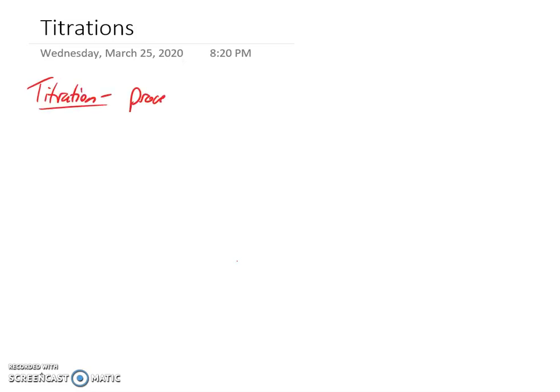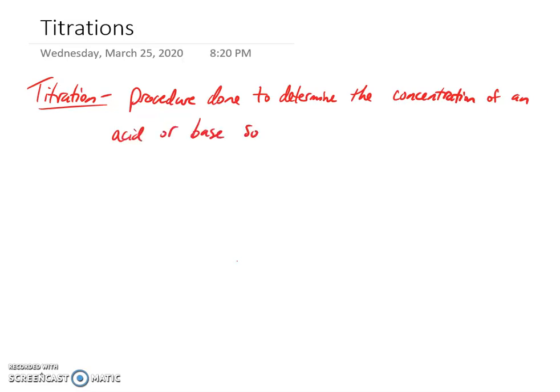Titration is a procedure done to determine the concentration of an acid or base solution using a known acid or base and a pH indicator.